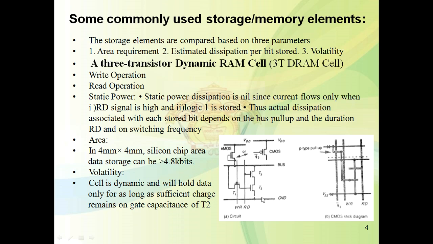Now if the stored data is equal to 1, then it will make the bus high, and if the stored data is equal to 0, then it will pull down the bus.